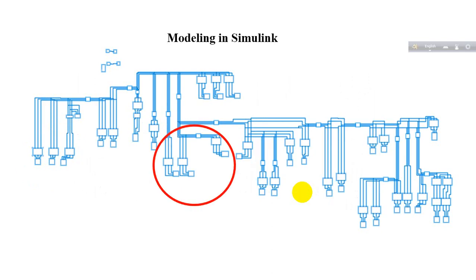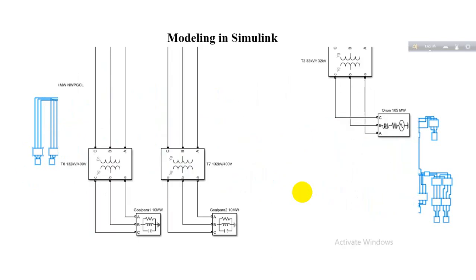Next, this portion covers the area of Goalpara, and on the right side we can see the source coming from Orion Rupsha. Now you can see 105 megawatt, right? It will be divided equally among every load connected with it. We have assumed that. In real life it's quite different.